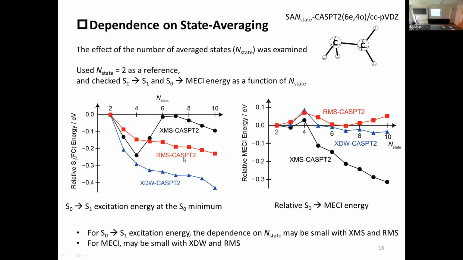So overall, RMS-CASPT2 is not very strongly dependent on the number of states to be included in the average. So if we have to average many states, maybe RMS-CASPT2 is useful.